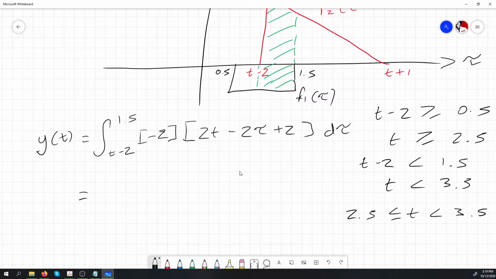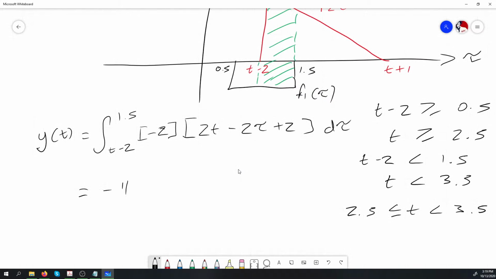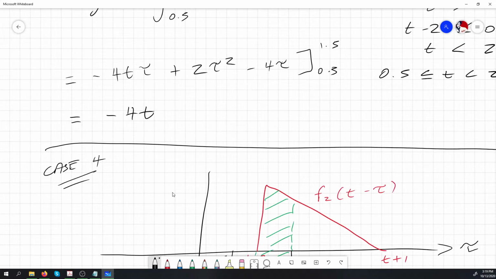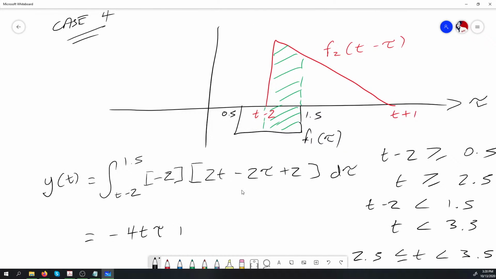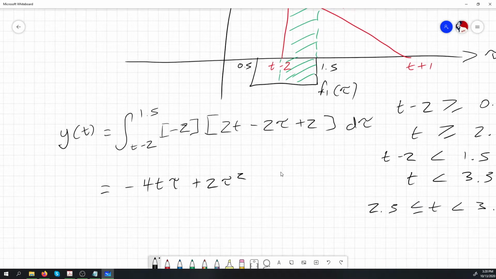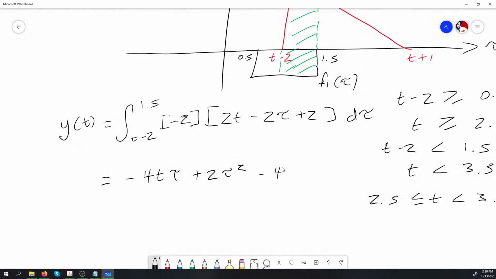So we get minus 4t tau plus 2 tau squared minus 4 tau, between 1.5 and t minus 2. When you evaluate that out, you get 2t squared minus 2t minus 17.5.